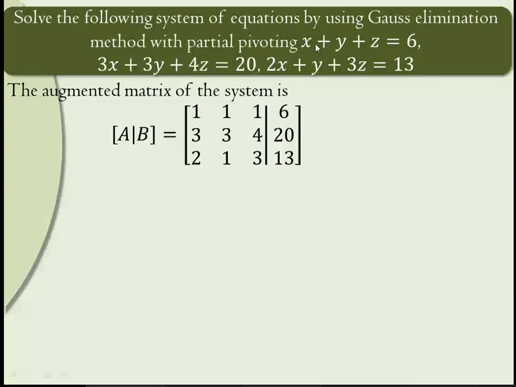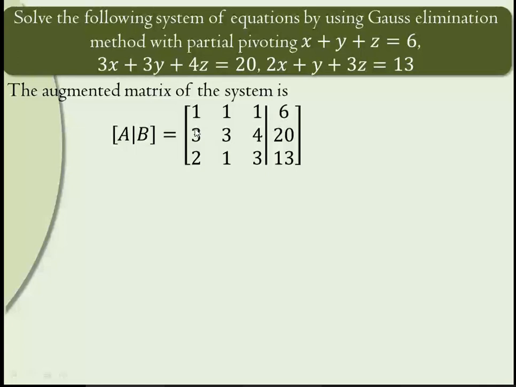Now, which equation has the largest coefficient for x? For the first equation 1, for the second equation the coefficient of x is 3, for the third equation the coefficient of x is 2. So you can look at this first column, see which has the largest value, and take that as the first equation. So here the largest value is 3, among 1, 3, 2, largest is 3.